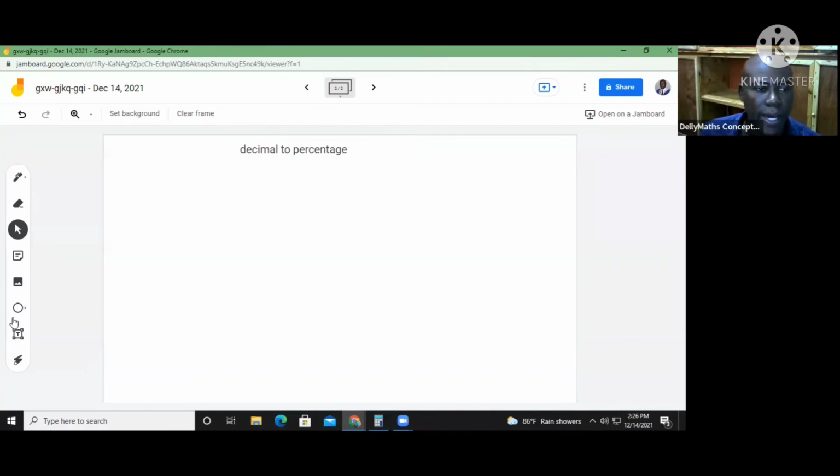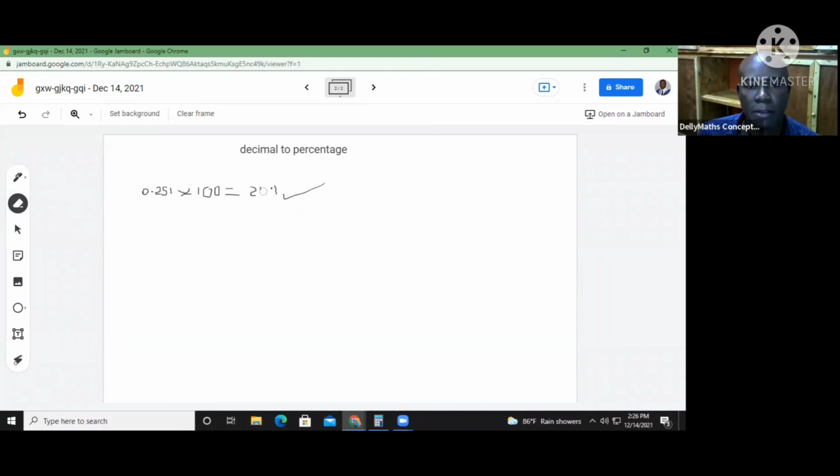Let us say we find ourselves with 0.251. And the intention is that we want to change this to a percentage. The principle remains the same: whatever we have to change to percentage, we multiply by 100. Here it is, we're going to get 25.1. That's our answer.